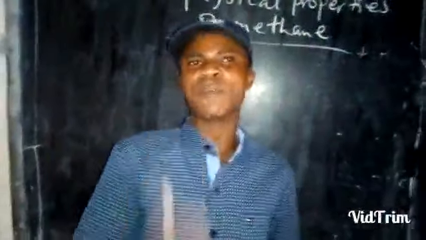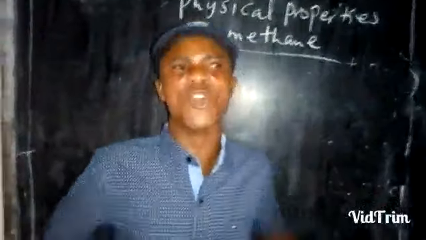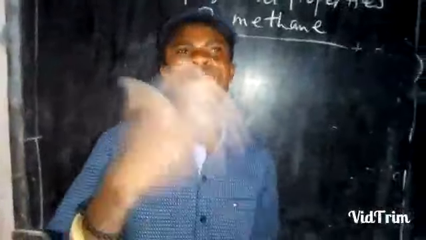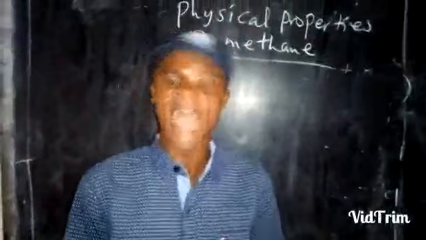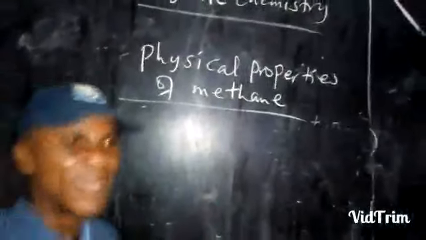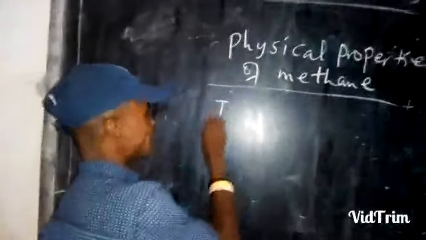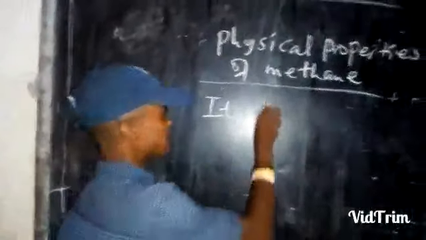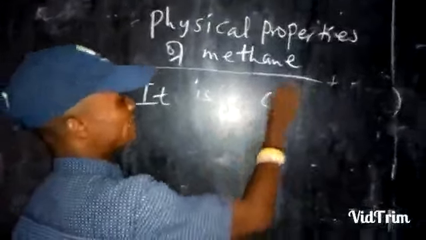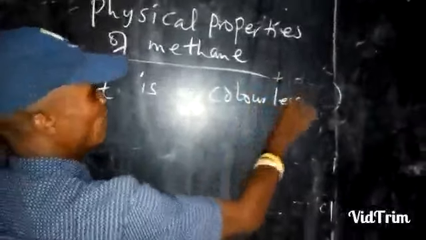In the exam, somebody will ask you to write or to list 3 or 4 physical properties of methane, to be precise, or somebody will just say list 4 physical properties of alkane. So if I am now using methane as the first member, I will say it is a colorless gas.